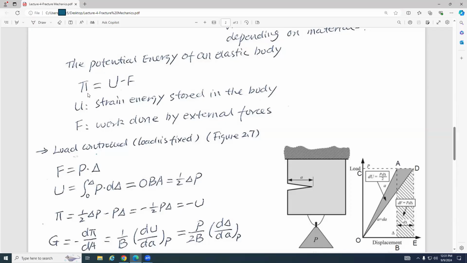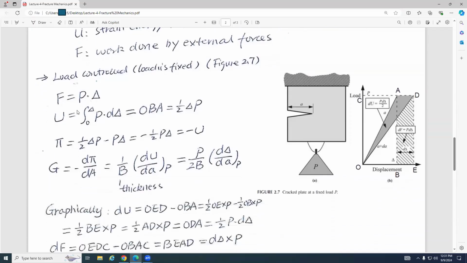And first we talk about the load control. Load control, this is a system. Because in the load control, we know that the force applied to this system does not change. And if we know this P and also the deflection delta, we will know the work done by this P. Do you guys agree?